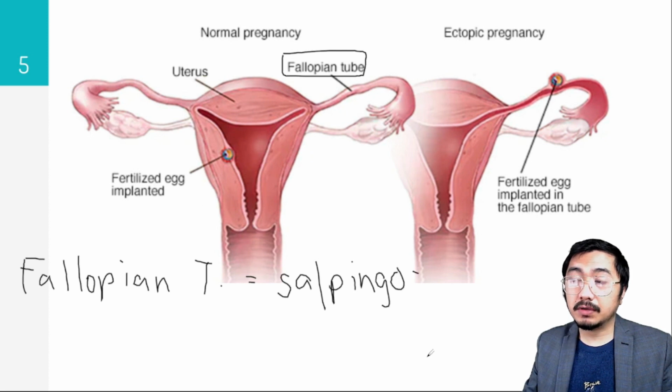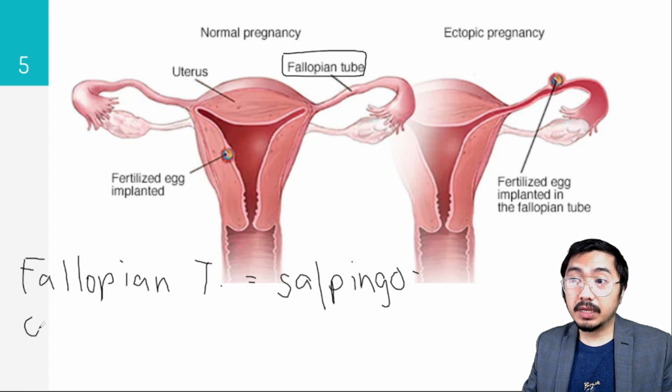I'll just put salpingo here. So let's say, for example, incision of the fallopian tube, that's salpingotomy. Removal of the fallopian tube, that's going to be salpingectomy. And please take note, check if it's left or right. You might, of course, check as well what's the modifier that you will use, if in case you will be coding for the CPT.